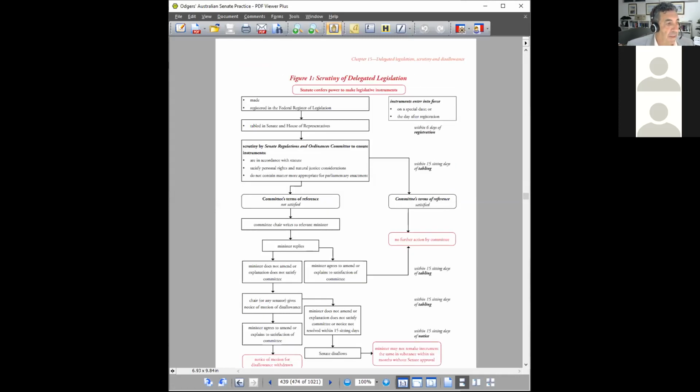It's page 439 of the text, but to get to it through the hyperlink, you need to put in page 474 of 1021.